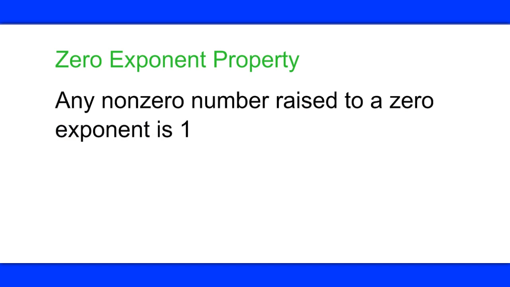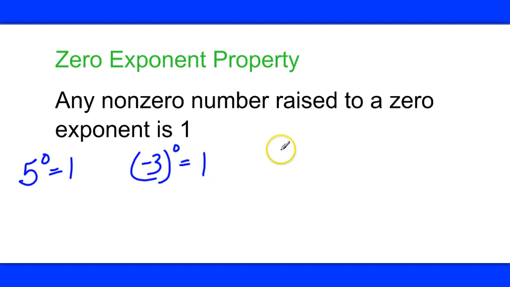The first one is the zero exponent property, which states very clearly that any non-zero number raised to a 0 exponent is 1. So we just saw that 5 to the 0 power is equal to 1. And -3 in parentheses to the 0 power is equal to 1.